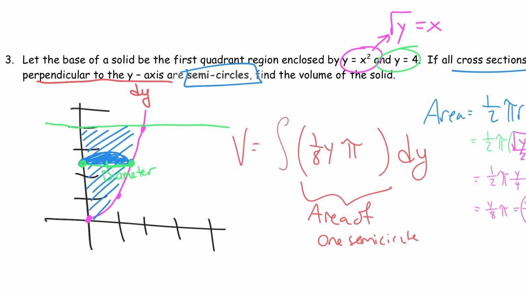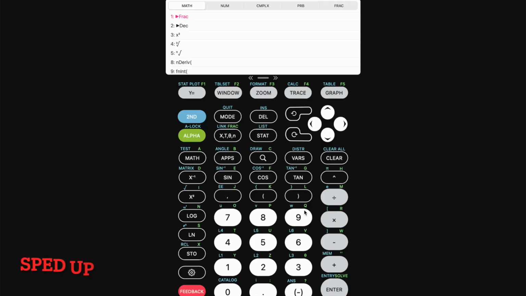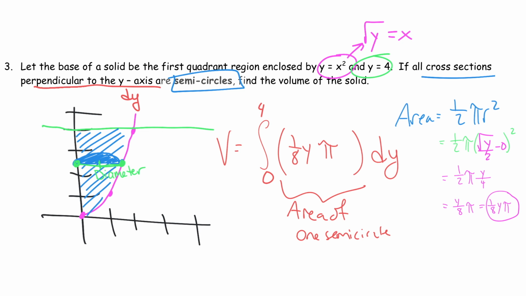Remember, y values here, we're going from 0 all the way up to y equals 4. And so then we'll type this in our calculator. And we get pi, or 3.142.